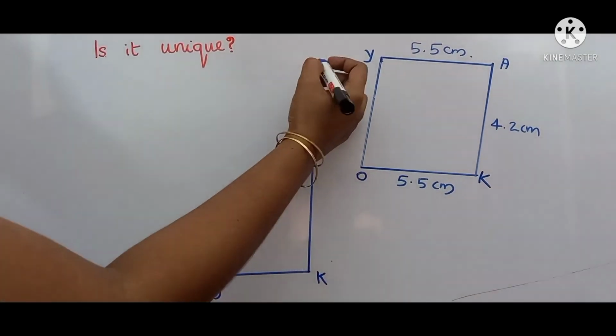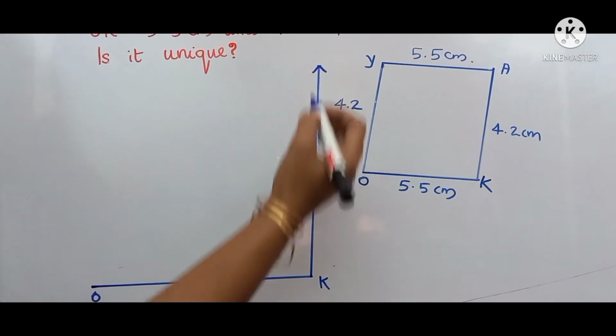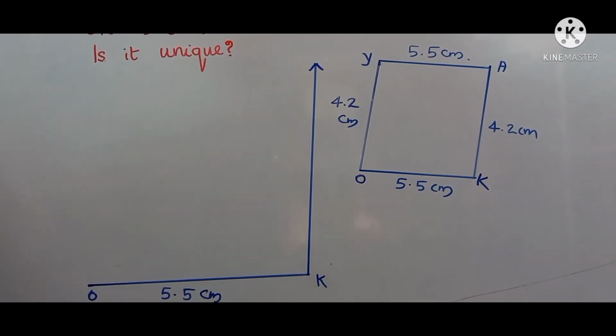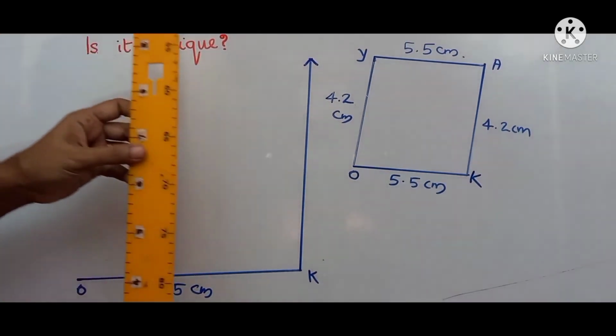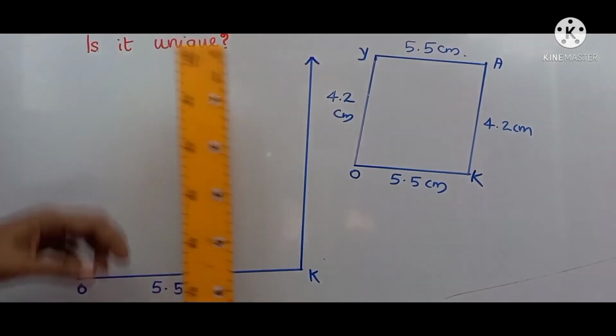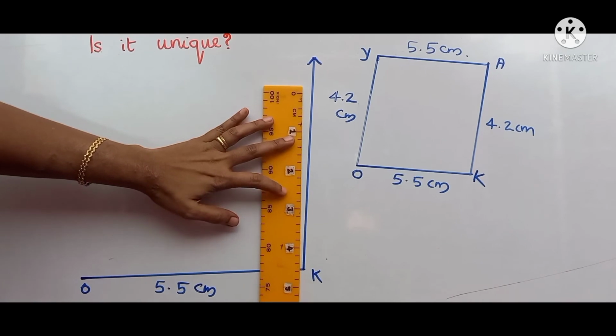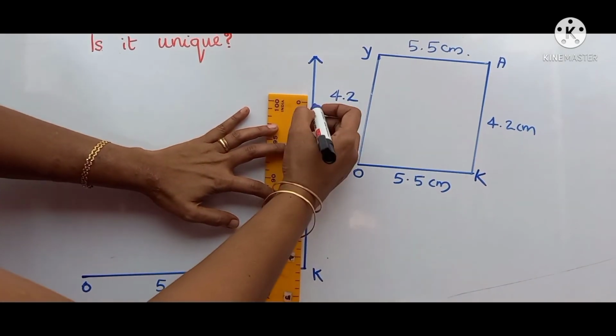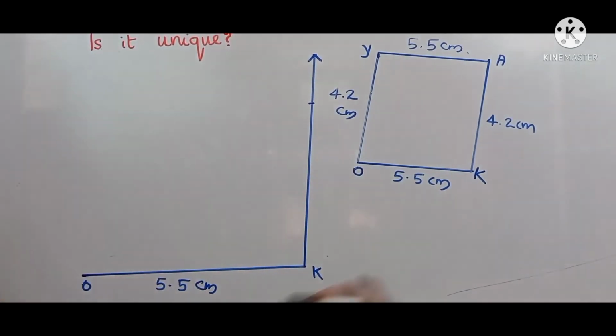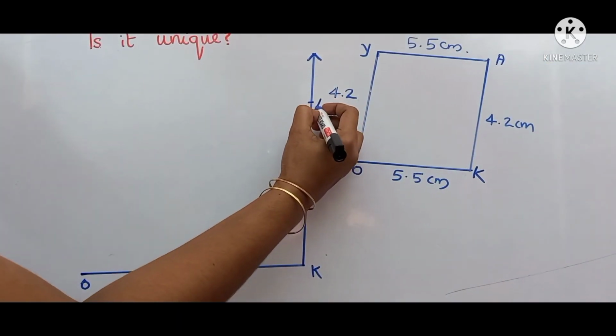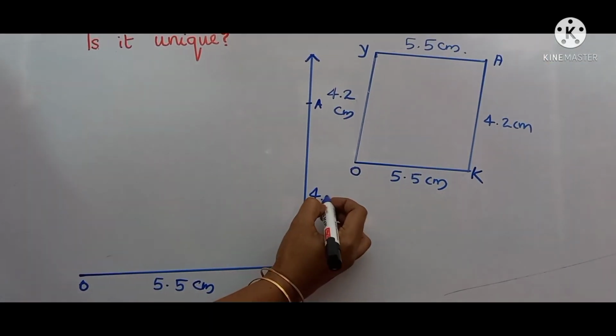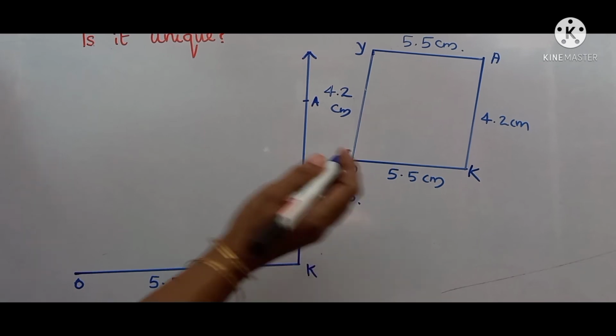Simply draw a ray from K. And after that measure by using our ruler itself. We can measure 4.2 centimeter. And this is the point A, 4.2 centimeter.